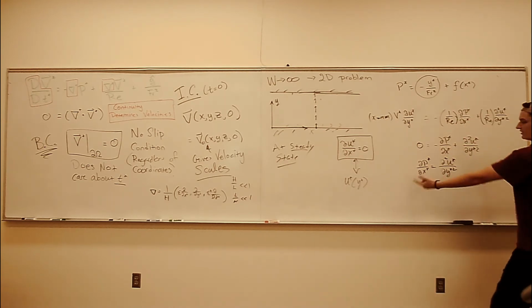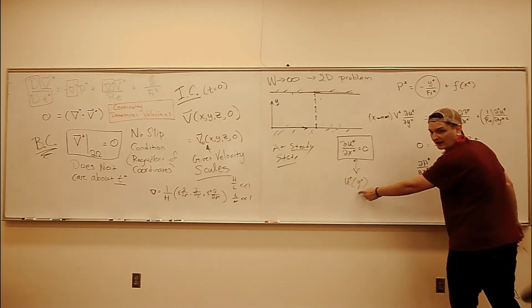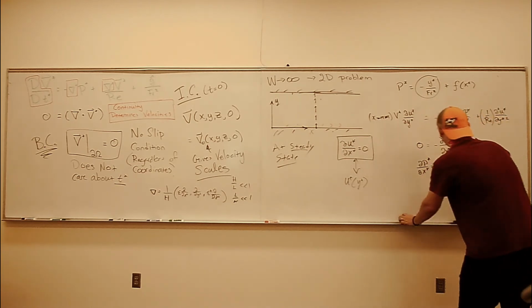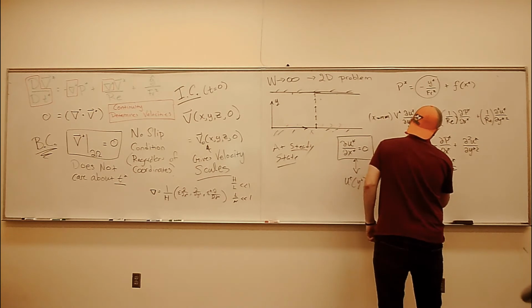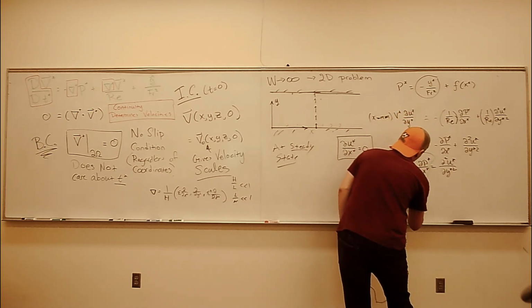Okay, if I integrated this twice and I want to recover only a function of y, that means, and that's classically the shown relationship, that this has to be a constant.